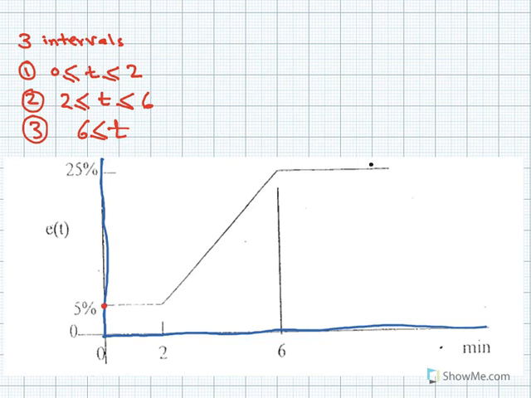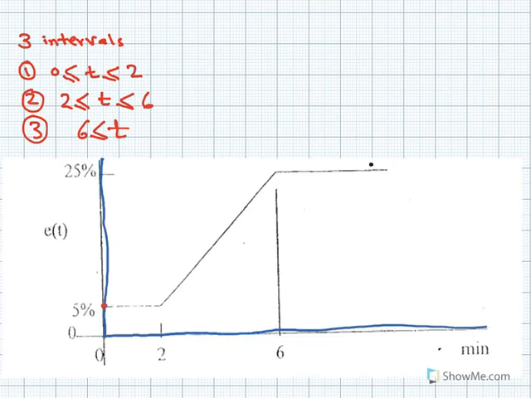Number 1, from 0 to 2. The time here is t greater than or equal to 0 and less than or equal to 2. This is number 1. Number 2, when t is greater than or equal to 2 and less than or equal to 6.